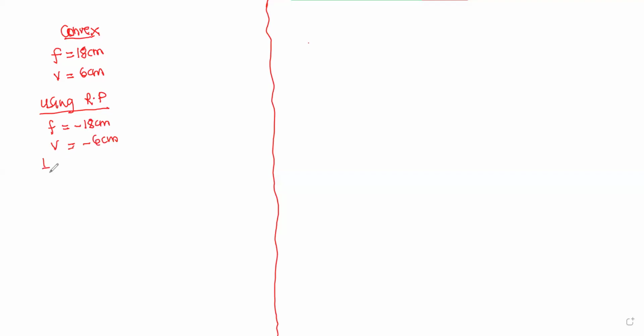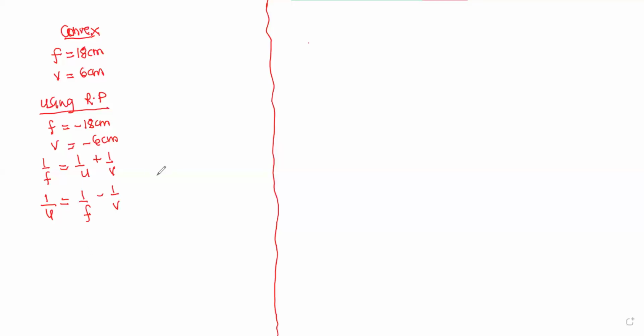So 1 on F is equal to 1 on U plus 1 on V. When you are solving this, I advise that you substitute your values before you make 1 over U the subject, because when people make 1 over U the subject, they tend to forget that the V is negative.